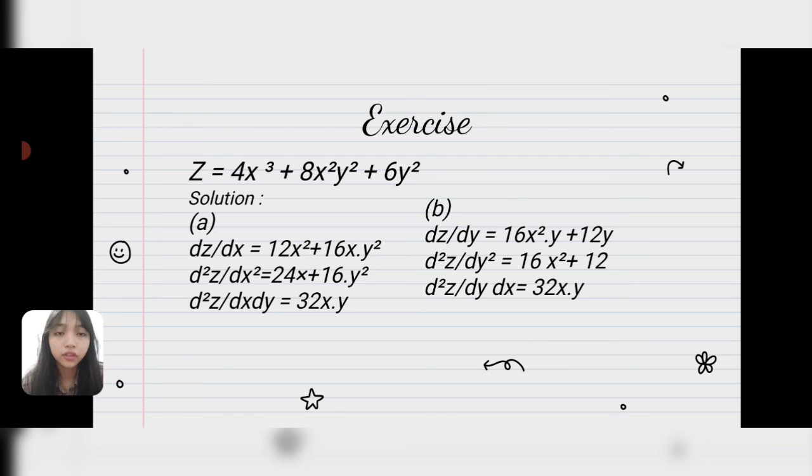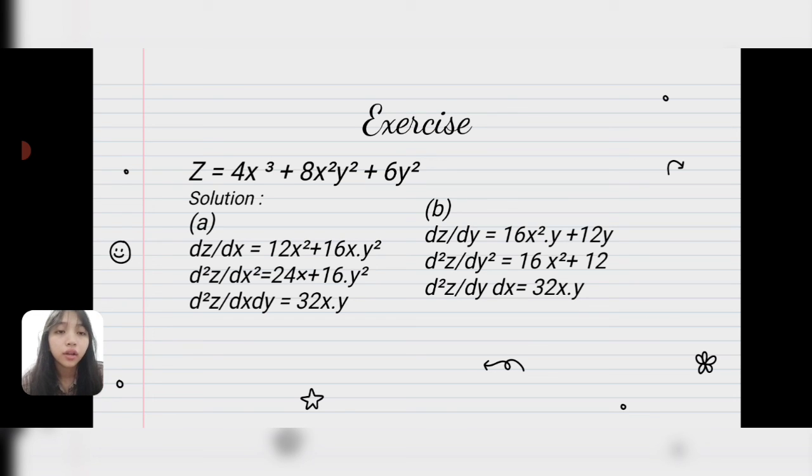So we're going to move to the del squared z with respect to del x squared equal to 24x from 12 multiplication with the power of 2.